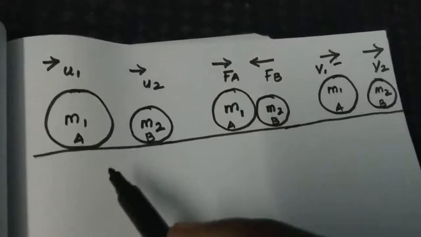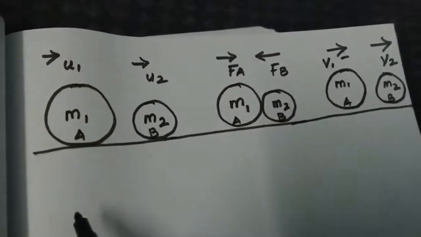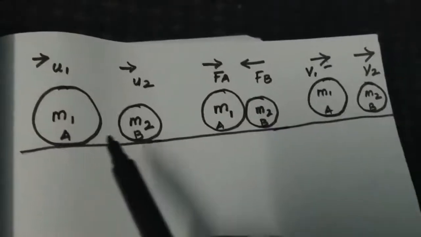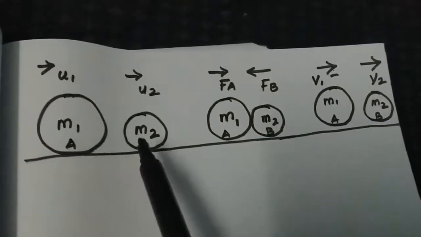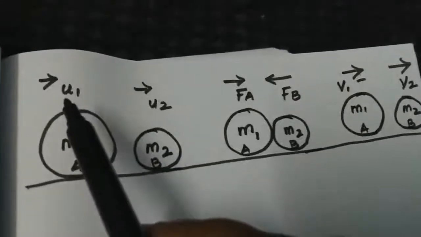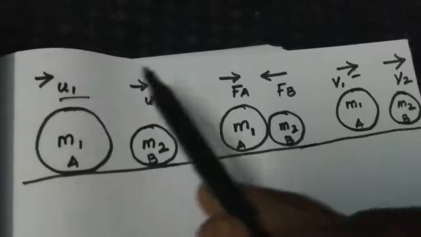Students, let me once again explain the principle of the law of conservation of linear momentum. Here there are two masses m1, m2 traveling with the initial velocities u1 and u2.